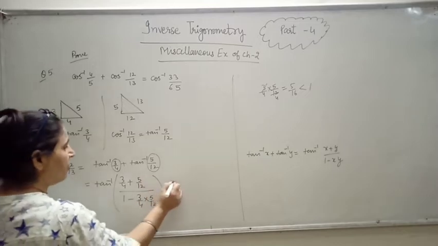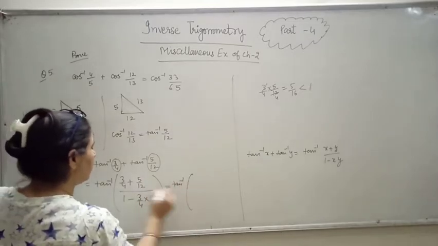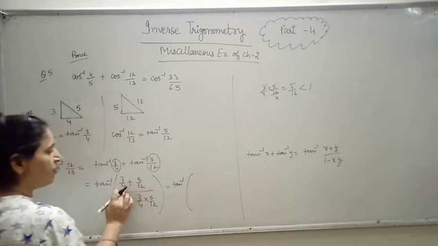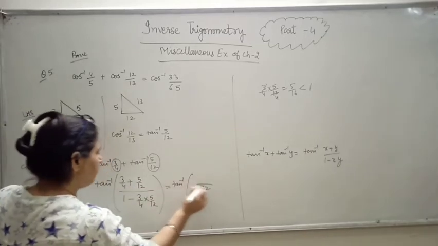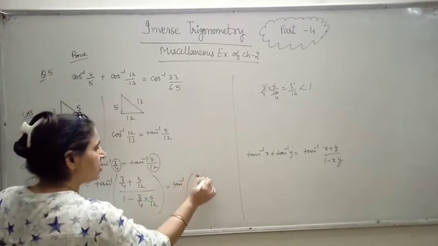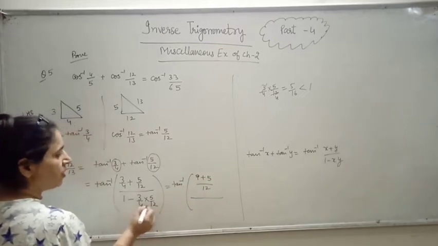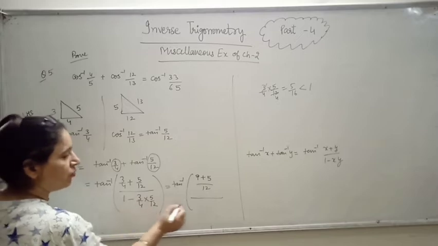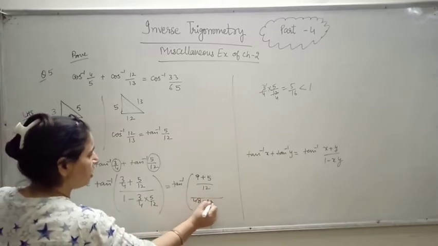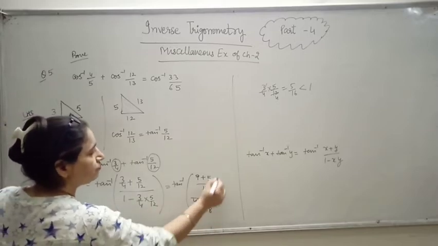Okay. So now after simplification, the LCM of 4 and 12 will be 12. So now this is 3 threes are 9 plus 5, and here it would become 12 fours are 48 minus 15, this is 48.